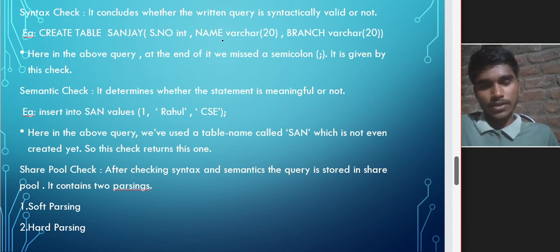In the semantic check, first of all we do the syntax check, in which we check whether the syntax is in perfect form or not, whether anything is missed or not. After the syntax is correct, the query is passed on for the semantic check.